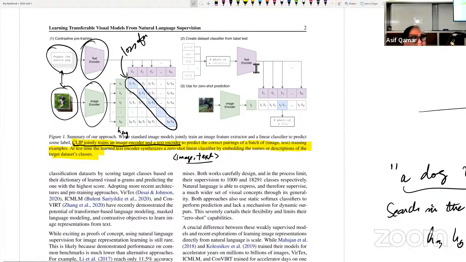What's there on the right side of 2 and 3? What happens is that you create a dataset classifier from label text. What it means is that you can take an image and then use it. So think about it this way.